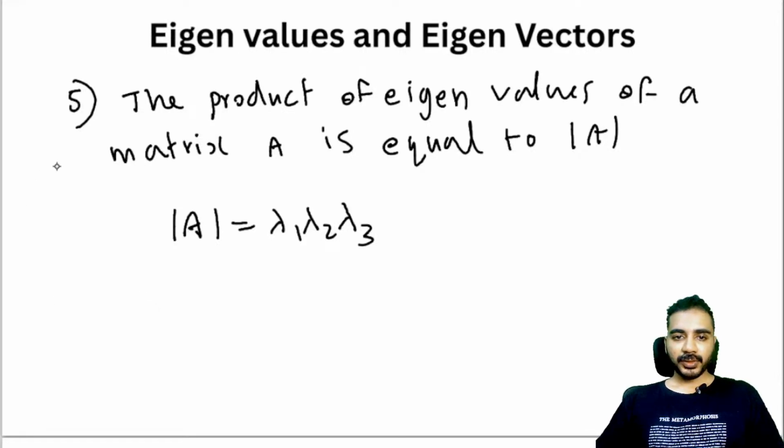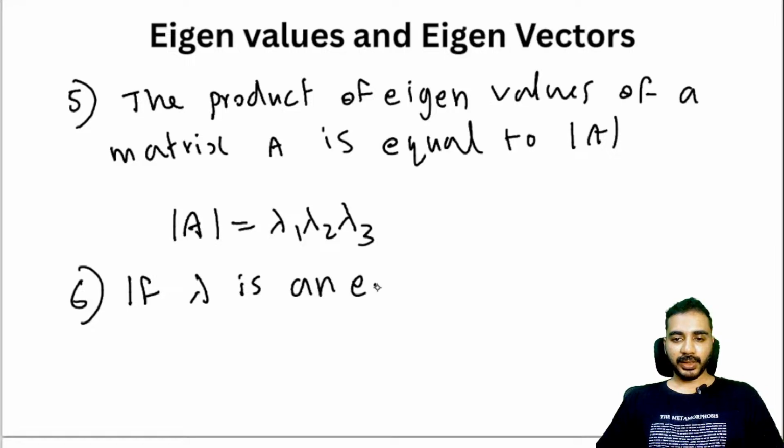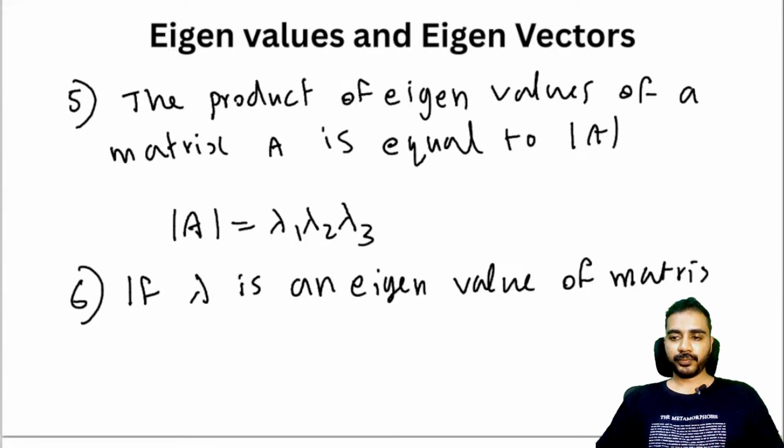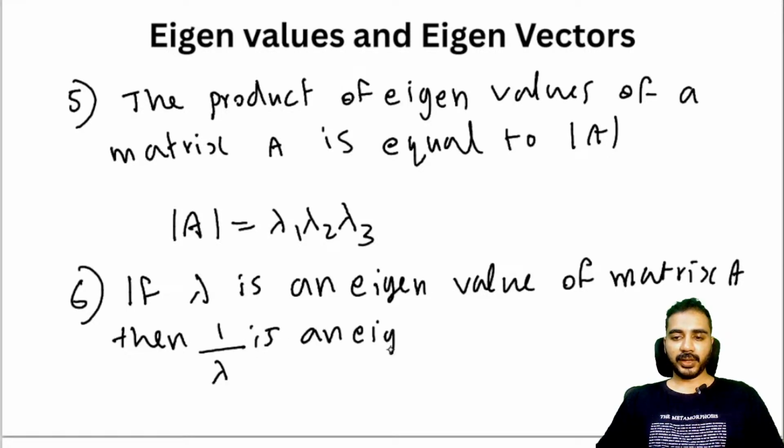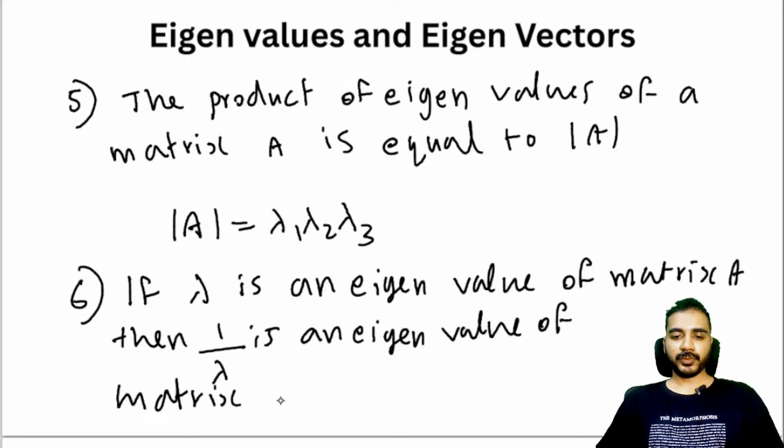Then sixth property. If lambda is an eigenvalue of matrix A, then 1 by lambda is an eigenvalue of matrix A inverse.